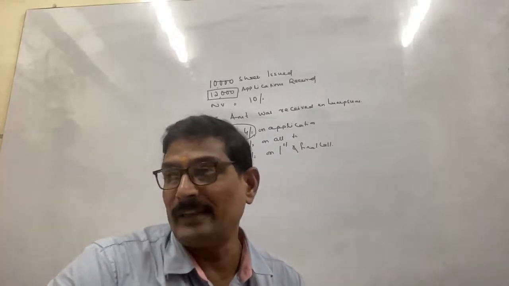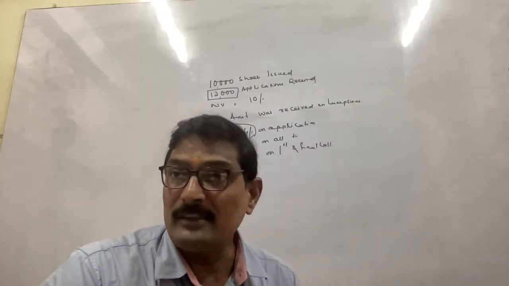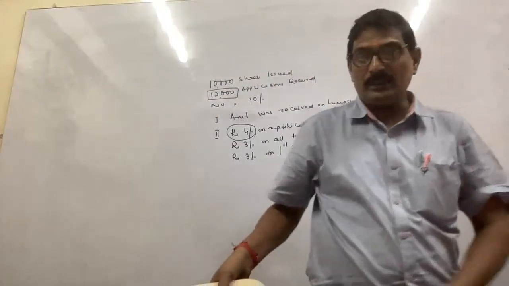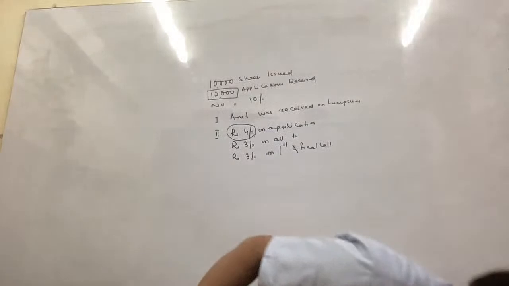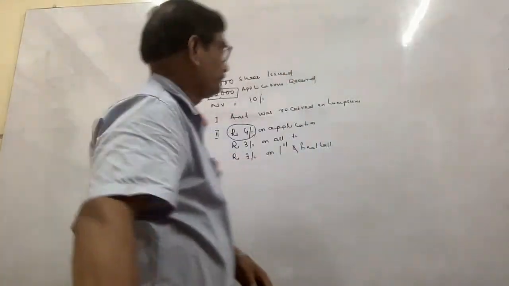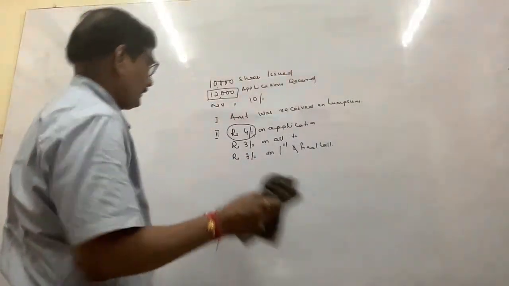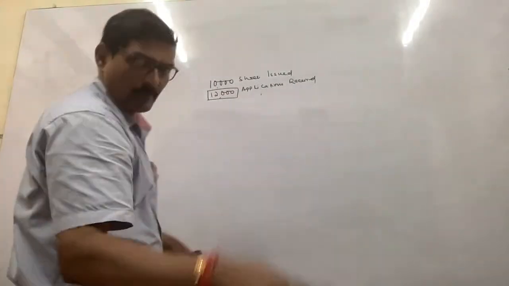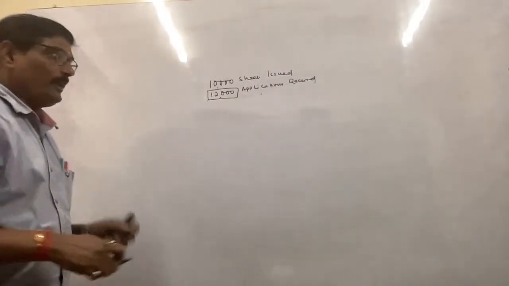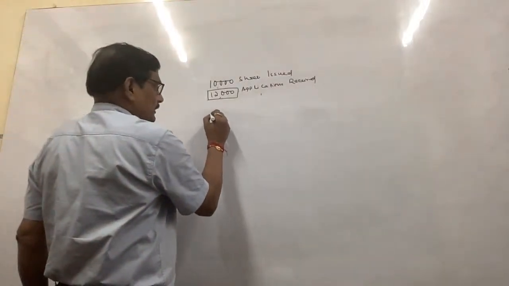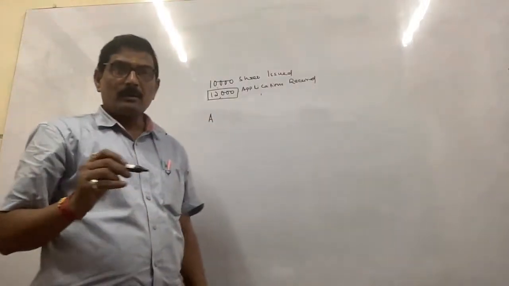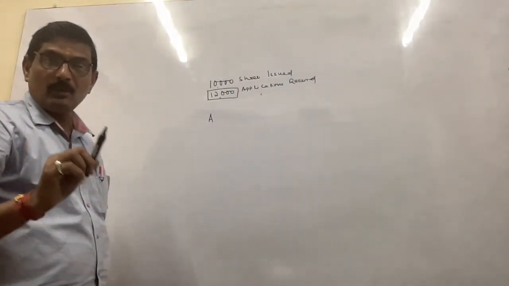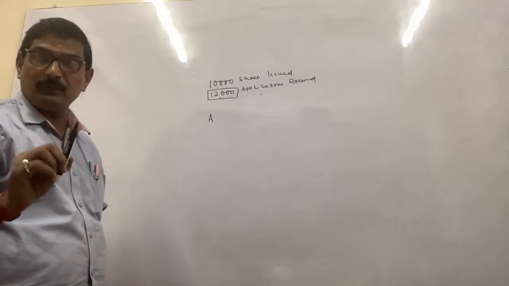Now, next one. When we receive the money in installments, first the application money, you see the treatment. When we receive 12,000 applications, the working should be done very neatly and carefully in order to work out the questions.